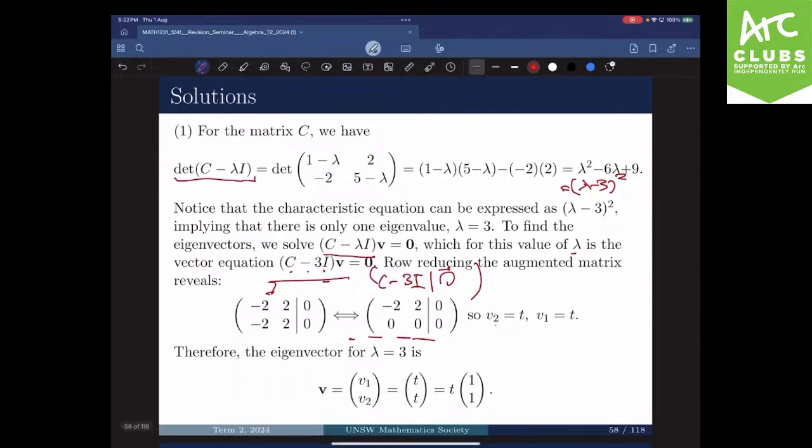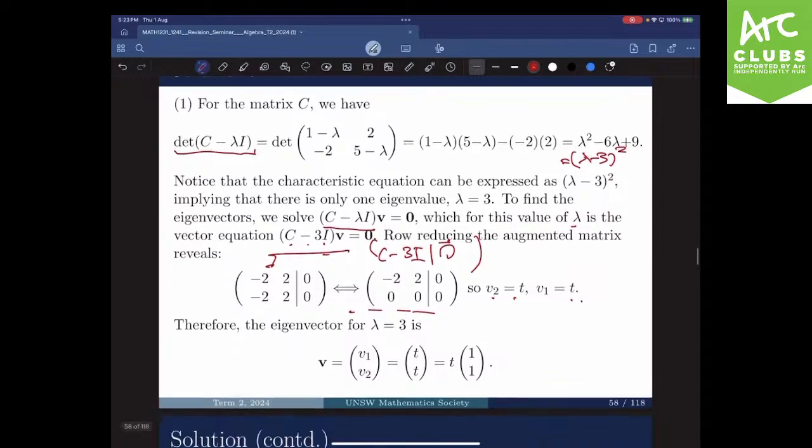So our eigenvectors are in the form v2 equals t, v1 equals t, for v equal to v1, v2. All our eigenvectors for lambda equals 3 are just a scalar multiplied by the vector 1, 1. Do you understand that?